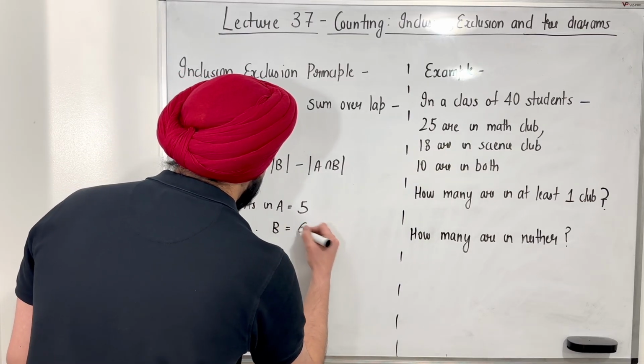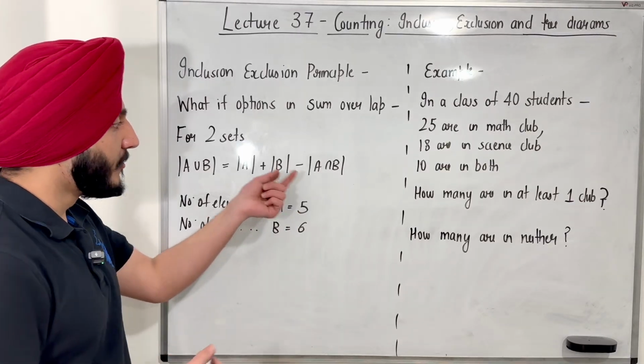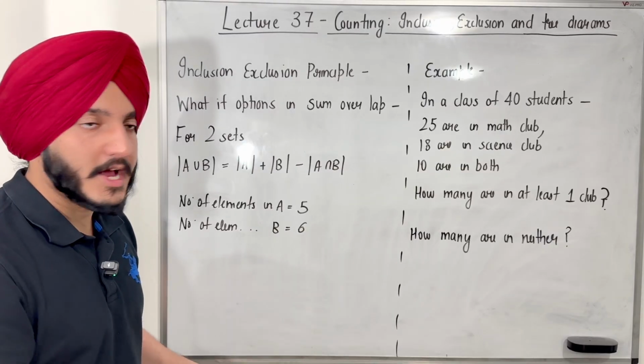Let's say A has 5 elements and B has 6 elements. Now, I hope you guys remember that these lines around the sets basically represent the count, or the cardinality, I should say.